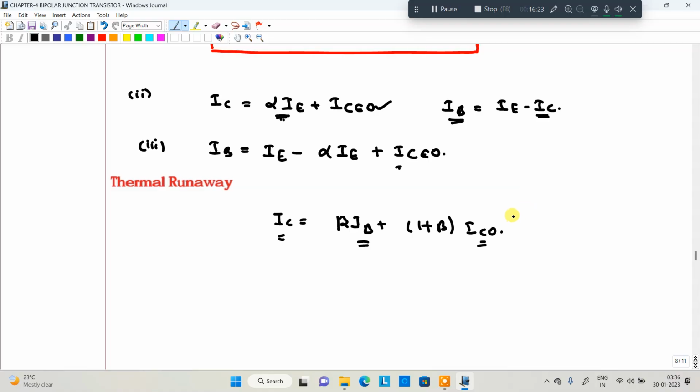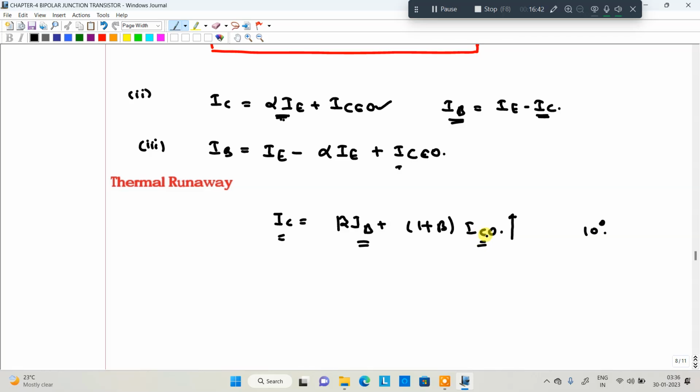Now whenever I increase the temperature, for example by 10 degrees for germanium, what will happen? ICO increases, it doubles every 10 degrees centigrade.